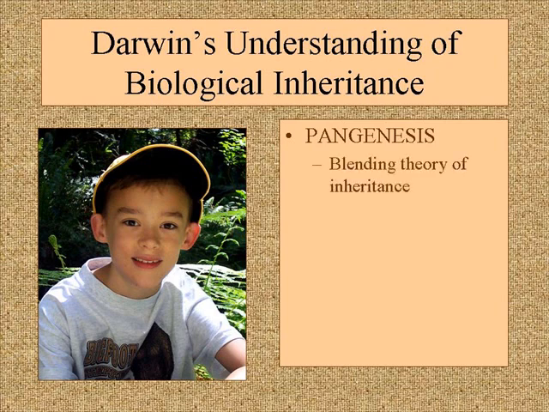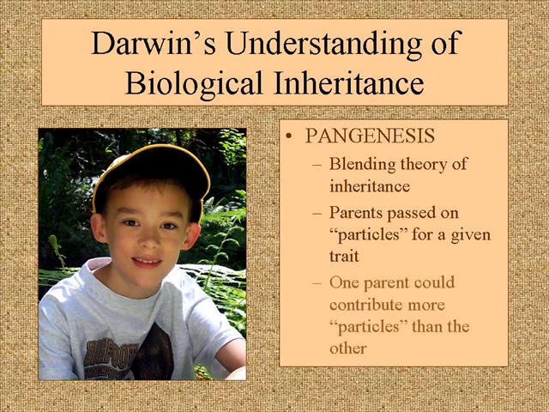Pangenesis was a blending theory of inheritance. They didn't know about genes, but it was believed that parents passed on particles for a given trait to their offspring. If the offspring looked more like one parent than the other for a particular trait, then it was believed that that parent had contributed more particles for that trait than the other parent had.